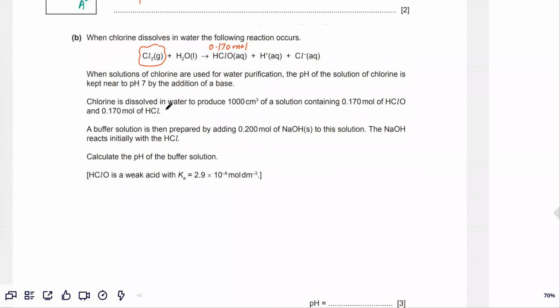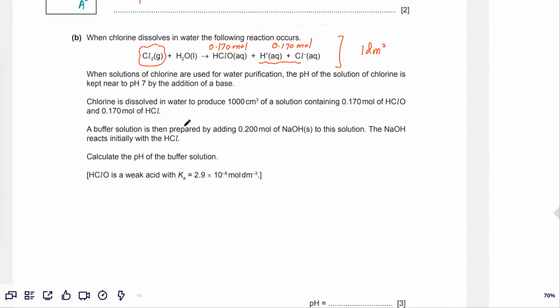HCl in aqueous solution would dissociate, so this is HCl. 0.170 moles of this. And remember, it's a 1000 cm3 solution, which is basically 1 dm3. So that kind of indicates that the concentration is the same as well. It's 0.170 mole per dm3 and 0.170 mole per dm3.